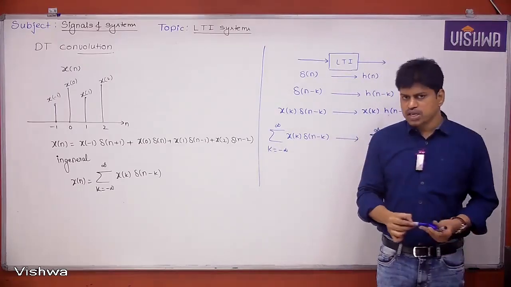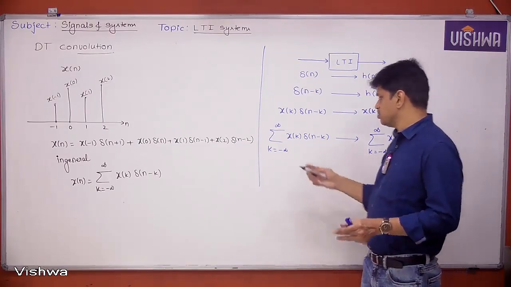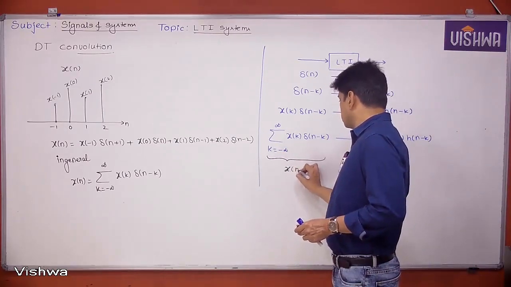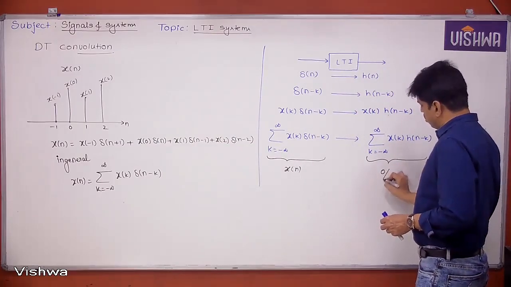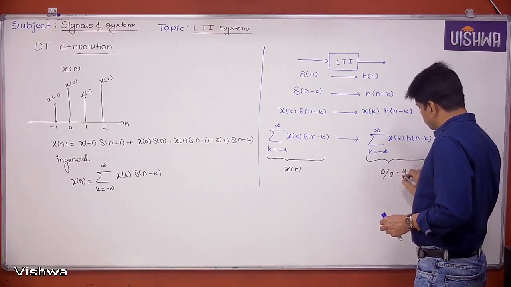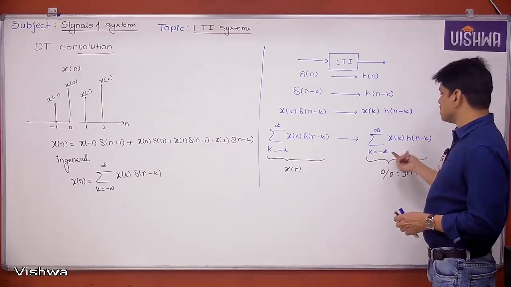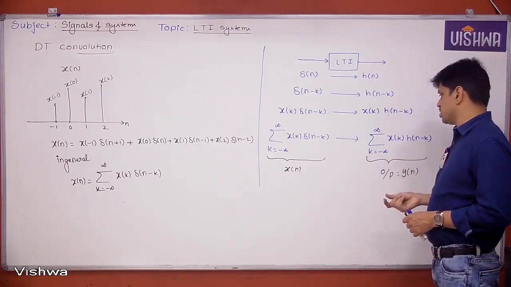If you try to understand, what we have written at the input is nothing but x of n, and what we get for this input is the output y of n. So I can say this is the convolution formula for a discrete time system.